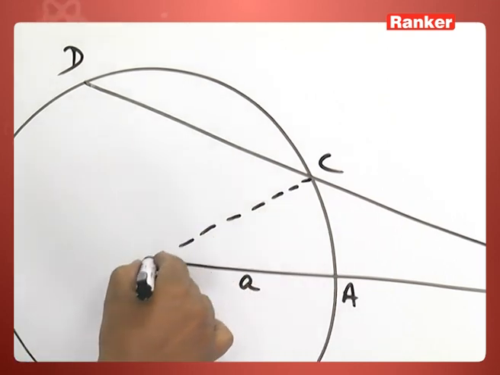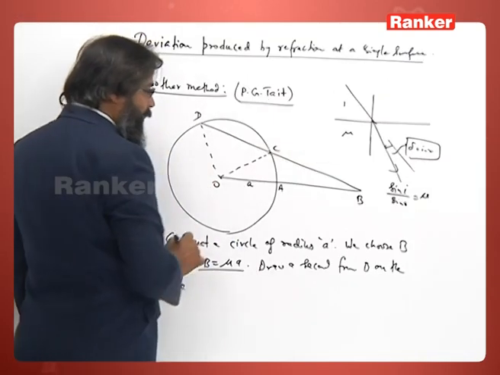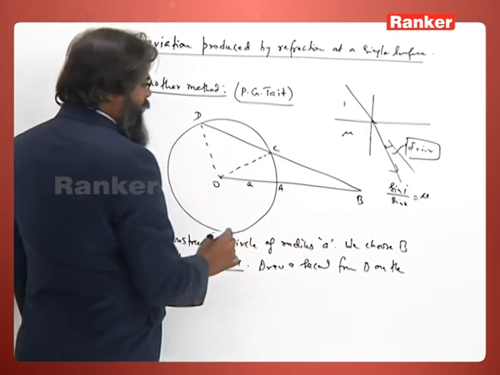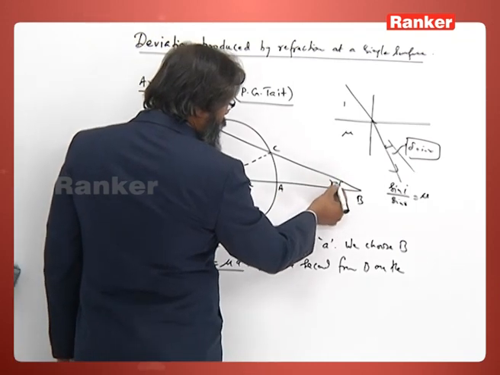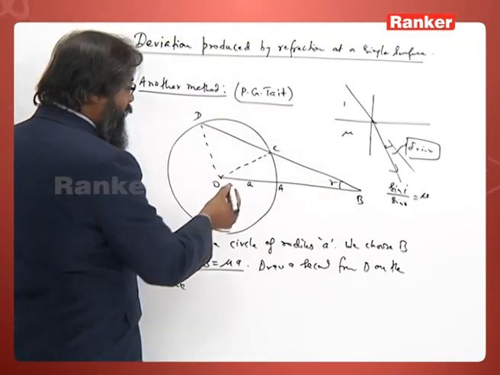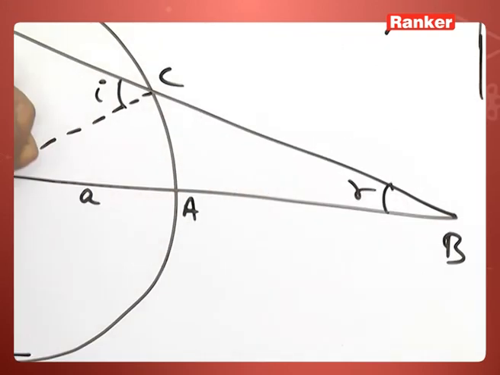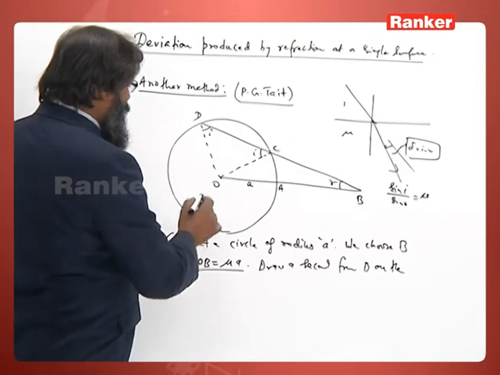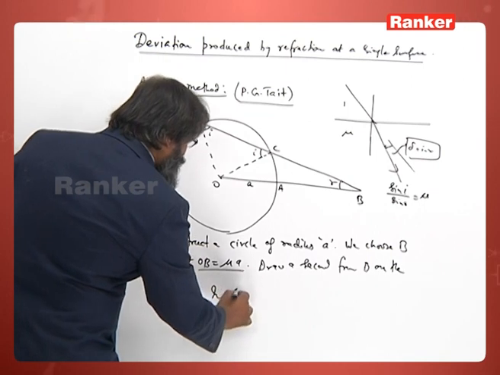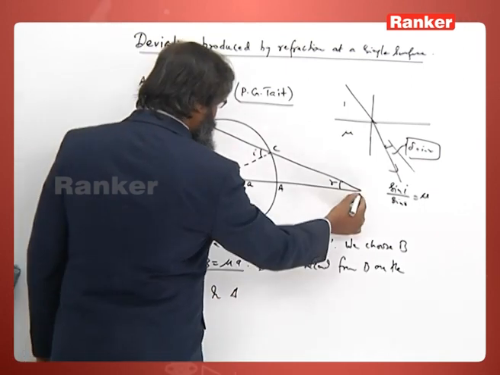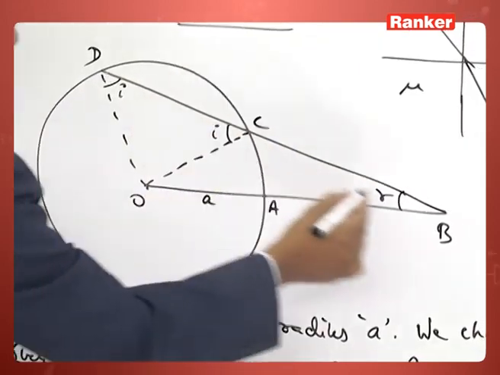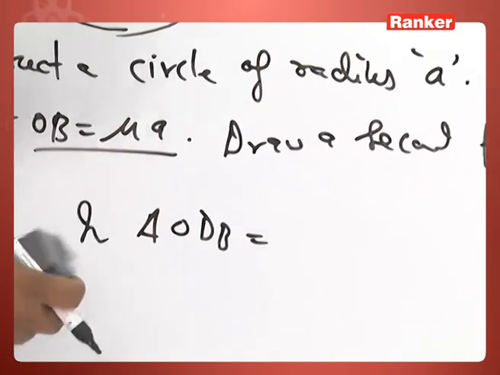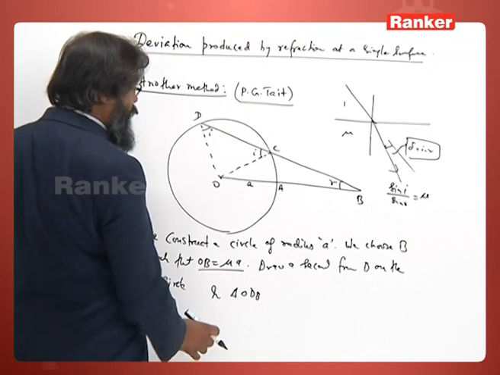Now let us join these 2 points. Now let us represent this point as R and this point as I. So we now have a triangle. Now in triangle ODB, we apply the sine rule.